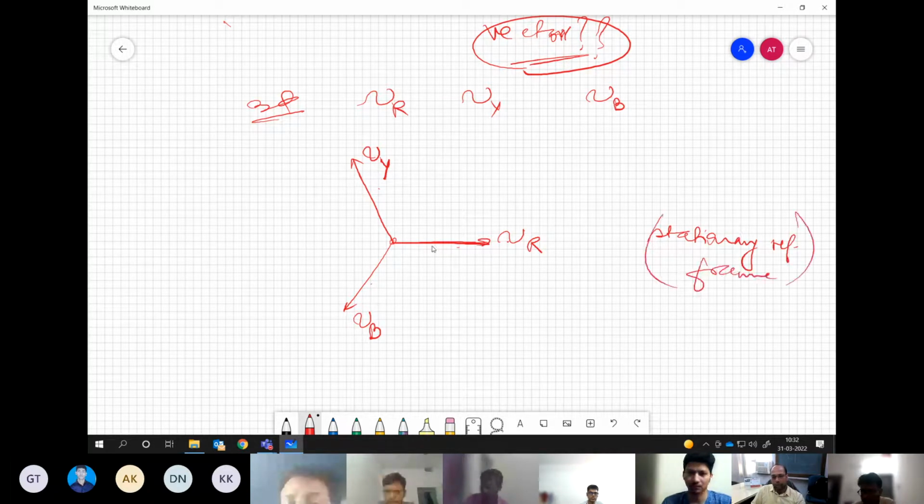When I am drawing VR, Vy, Vb, all three axes come in a reference frame which is stationary. This VR axis is not going to move. Vy axis is not going to move. And Vb axis is not going to move. This is not a phasor that I am trying to draw. Correct? So these are distributed in space in this manner, in any multi-phase system.